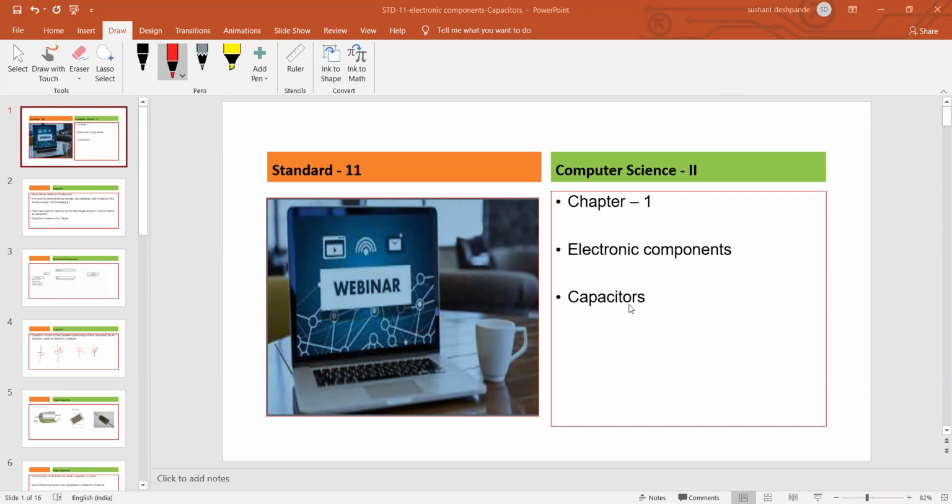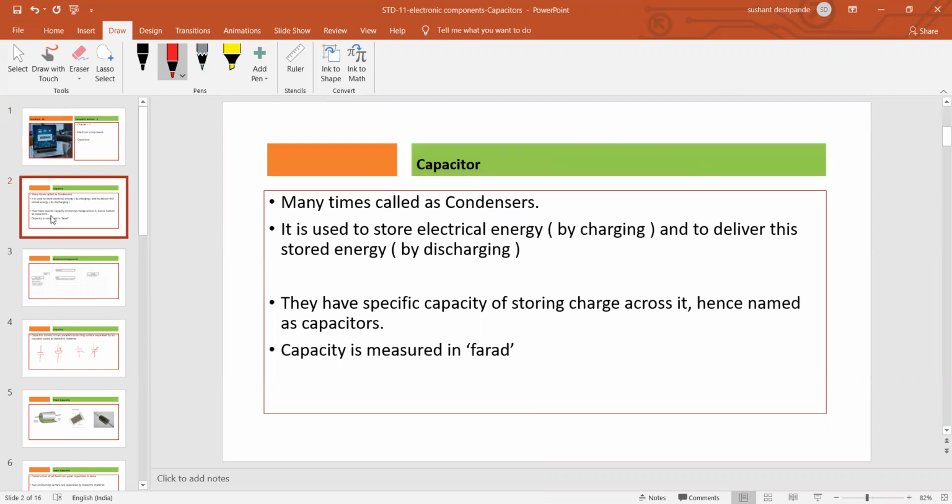This session we are going to complete and cover another electronic component, that is the capacitor. So when we say a capacitor, first let's see what is a capacitor. Many times it is also referred to as a condenser.